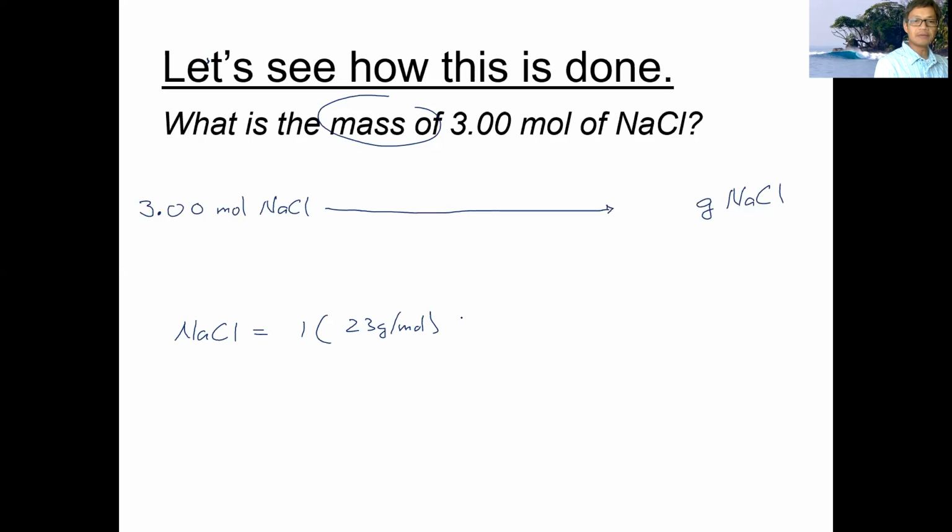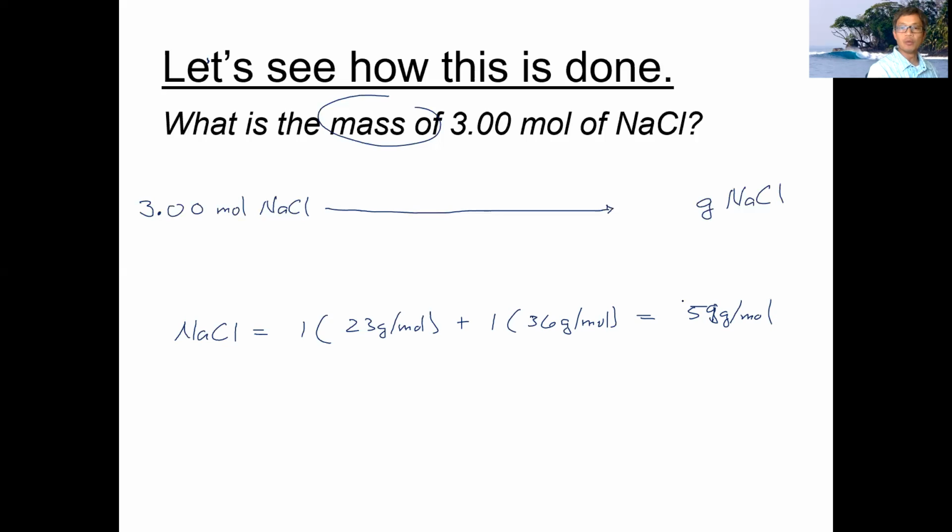And we're going to add that to the mass of 1 chlorine atom, which rounded to the nearest whole number is going to be 36 grams per mole. And so then the molar mass of sodium chloride is going to be 59 grams per mole.